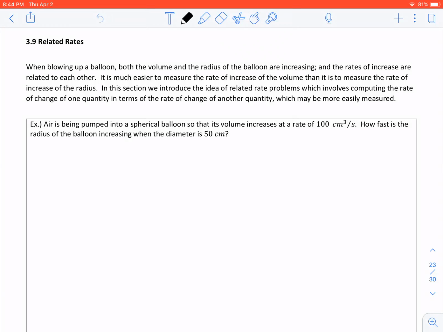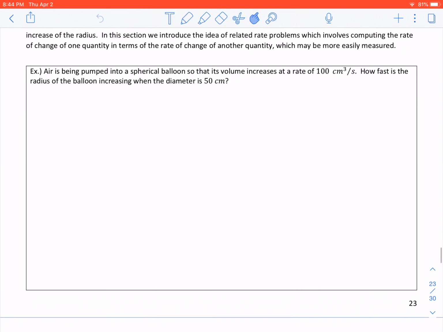The first example says air is being pumped into a spherical balloon so that its volume increases at a rate of 100 centimeters cubed per second. How fast is the radius of the balloon increasing when the diameter is 50 centimeters?